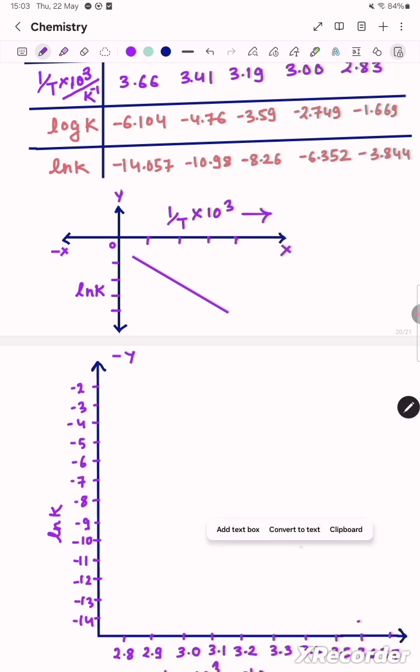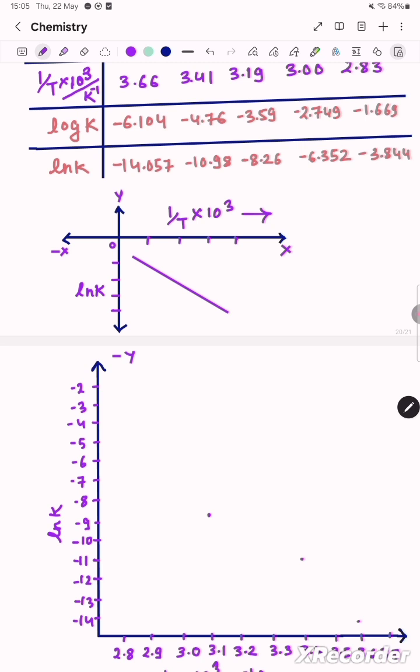Now the next point is at 3.19, the ln k value is 8.26. So at 3.19 the ln k value is 8.26 here.